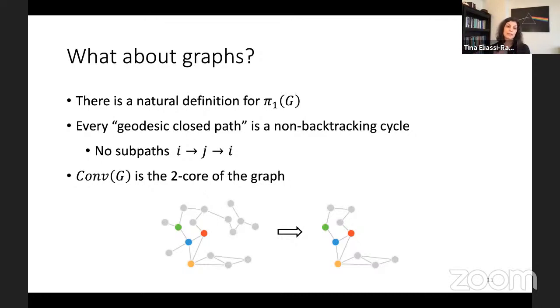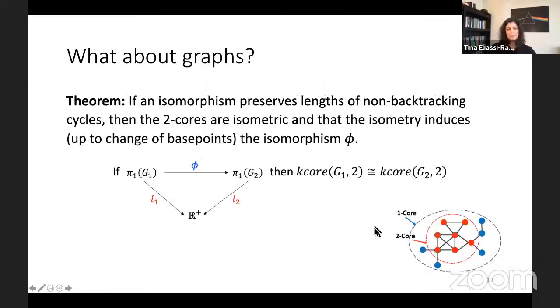And the convex set is the 2-core of a graph, which you can think of as shaving off its tree-like parts. So here, if I am given this graph, its tree-like parts are this one and this one. And now I have this after I shave the graph. We call it shaving the graph down to its 2-core.